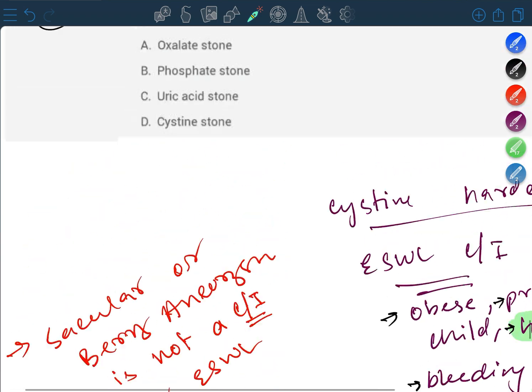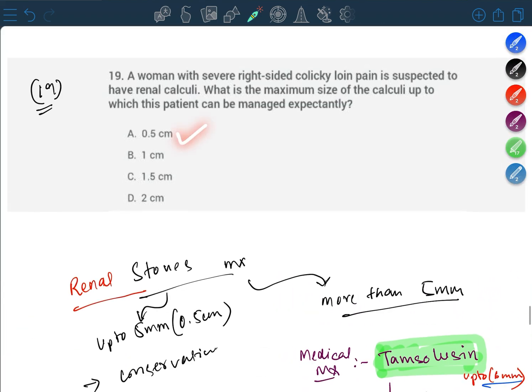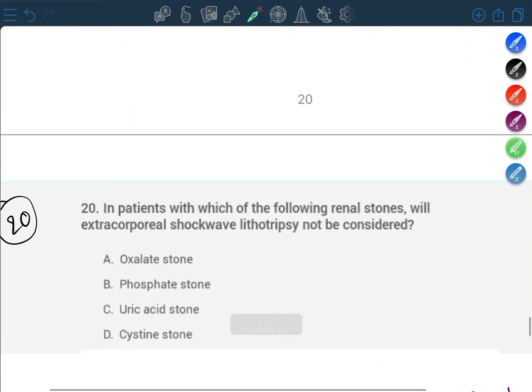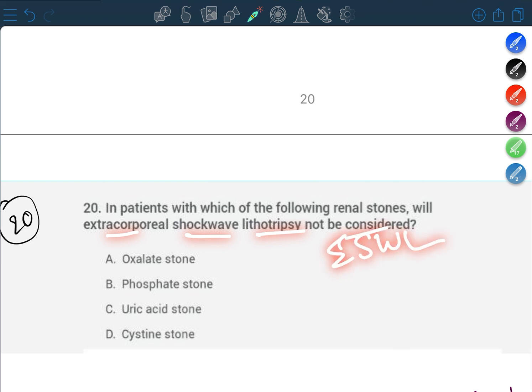Okay, now let's do the questions. These are all one-liners. In which of the following renal stones will extracorporeal shockwave lithotripsy, ESWL, not be considered? ESWL is contraindicated.